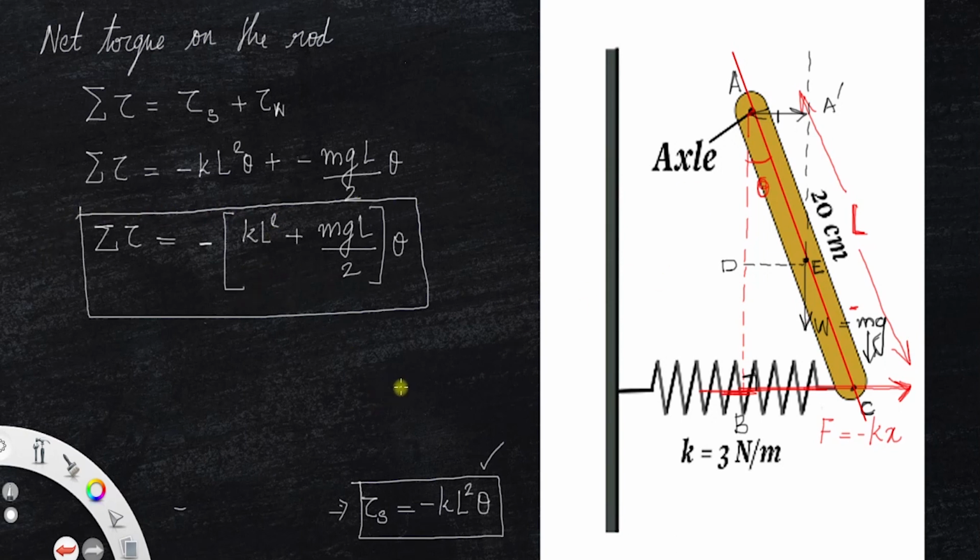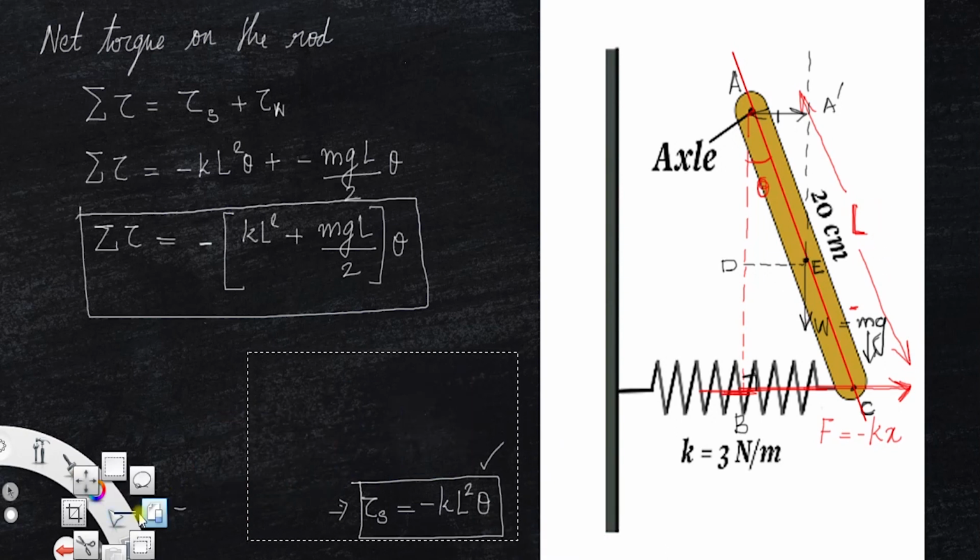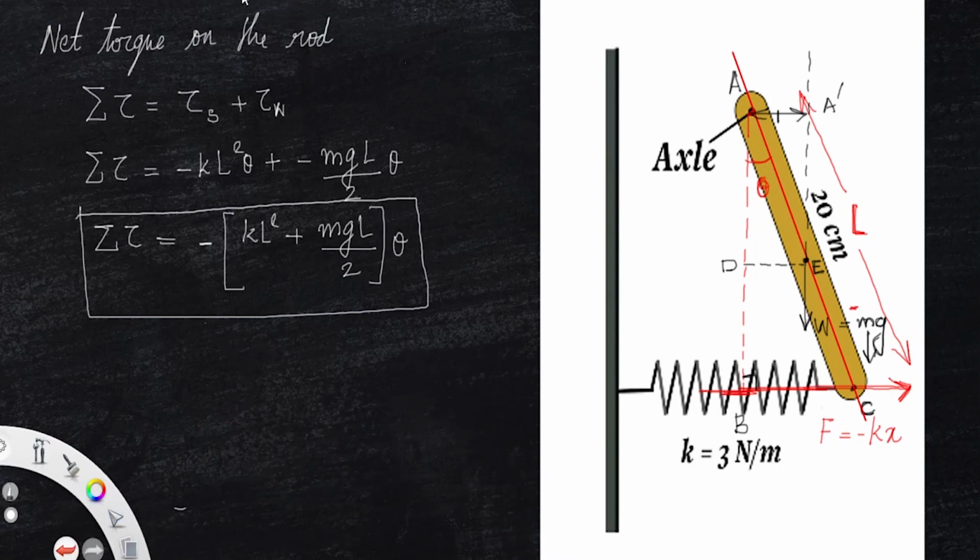Clear? Now we need to find the equation of motion, or the equation of oscillation, of the rod. We know the net torque will always be the product of moment of inertia into alpha.